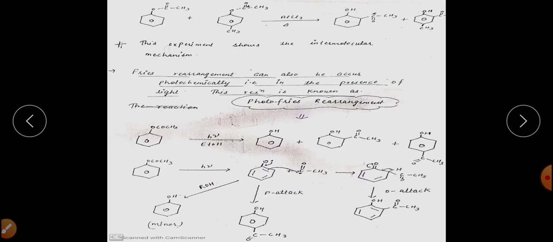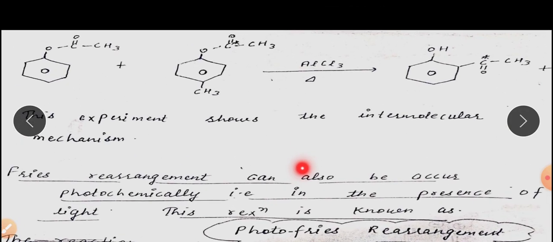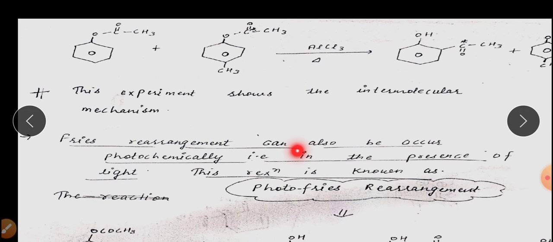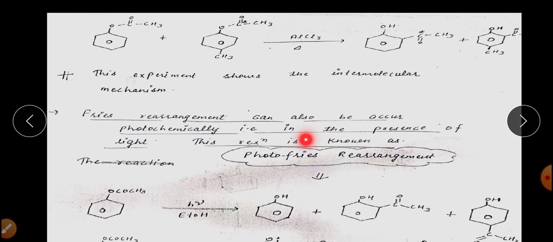Now, the important point about this reaction that I was talking about, the evidence of the Fries rearrangement, that it can proceed by intermolecular as well as intramolecular mechanism. This is evidence from a reaction in which we have taken a mixture, and in this mixture we find that this particular carbon is isotopically labeled, right?